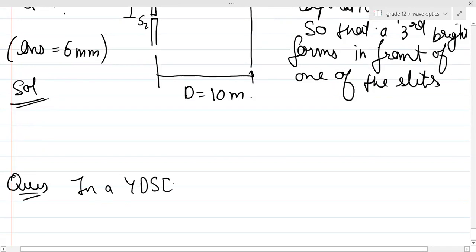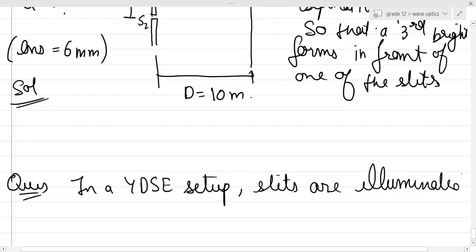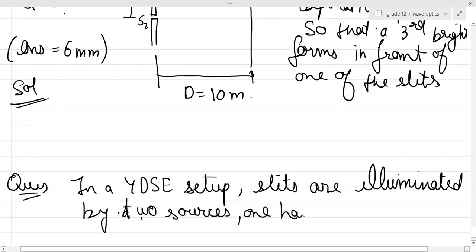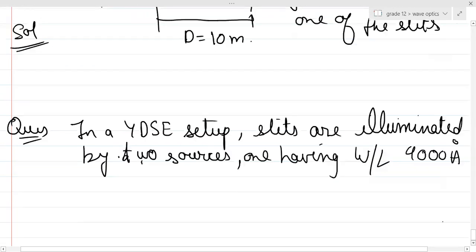In a YDSE setup, guys, please understand the language very carefully. In a YDSE setup, slits are illuminated by two sources, one having wavelength 4000 angstrom and another whose wavelength is unknown.